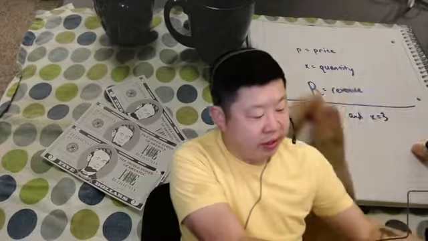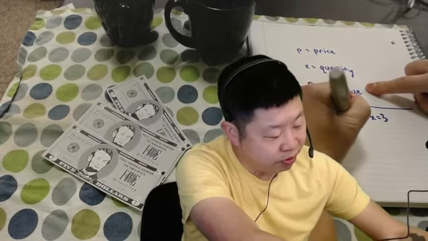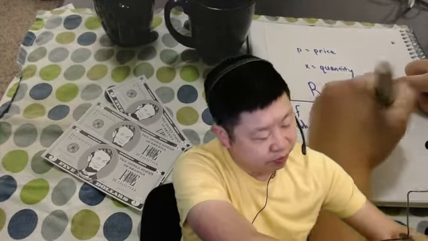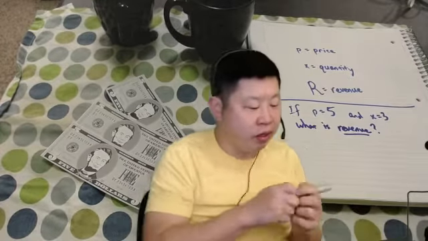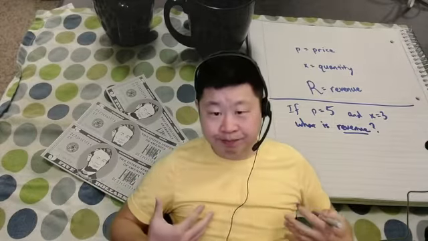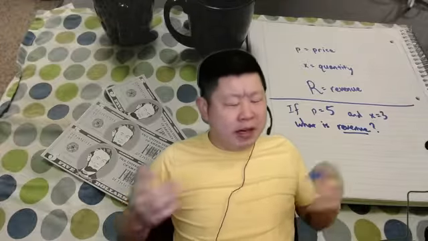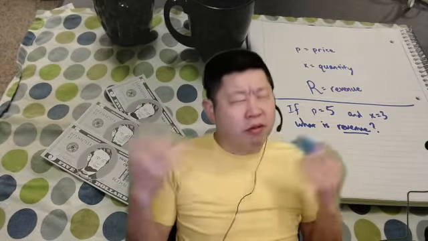If x is 3, what is the money received? That is the revenue. What is the revenue? What happens when 3 mugs are sold at $5 a piece? How much money is received? Now, what if somebody said that the amount of money received was $8? What would you say to that?